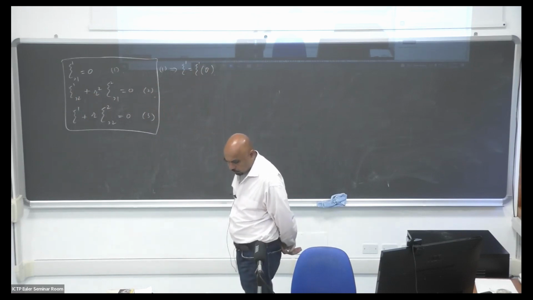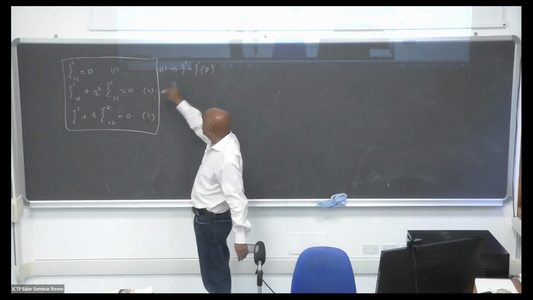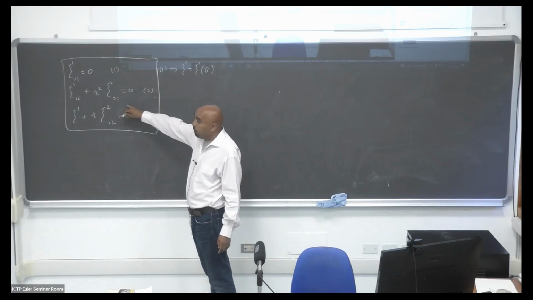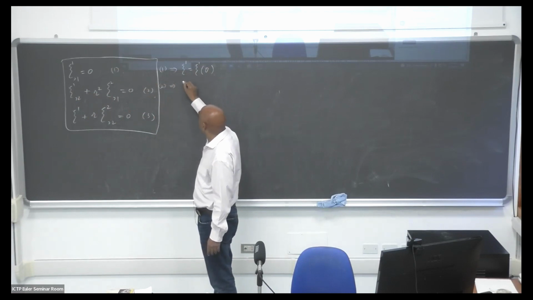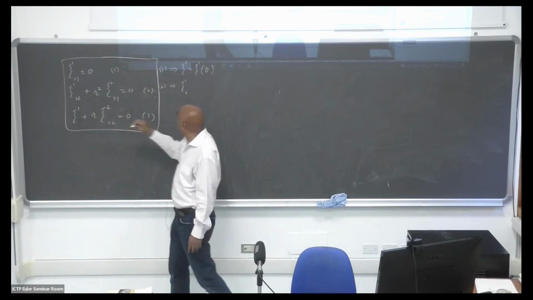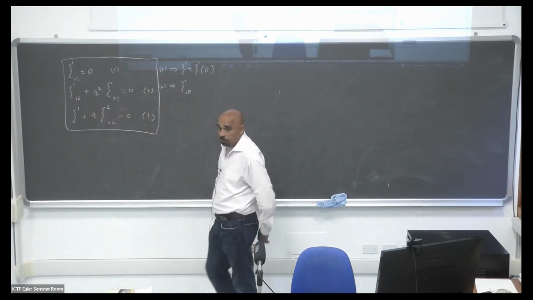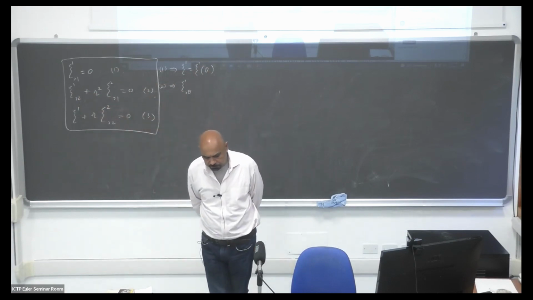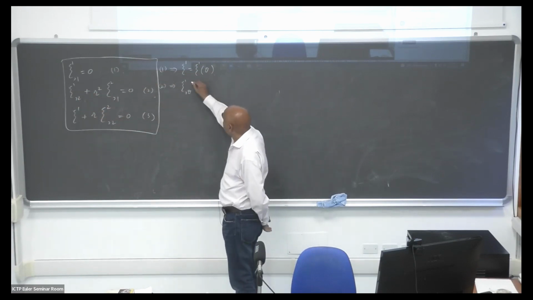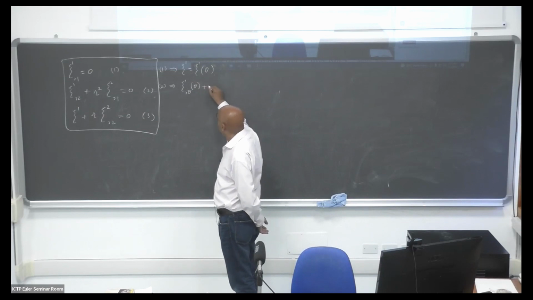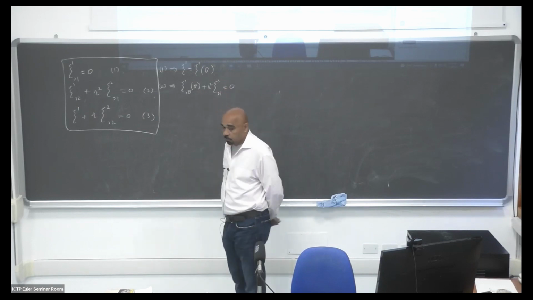If we substitute this in equation 2, it gives us xi 1 comma 2, where comma 2 means derivative with respect to theta, a function of theta only, plus r square xi 2 comma 1 equal to 0.